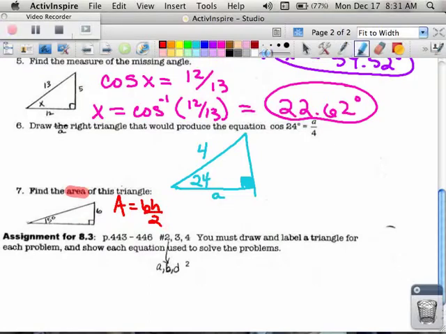They do give me the height of this triangle, here it is, but I need the base. So in order to find the area, this is going to be kind of a two-step problem. I first of all have to find the base, which we can also call, I don't know, x maybe or something. So we'll call that x. And then once we have that, then we can find the area of the triangle.